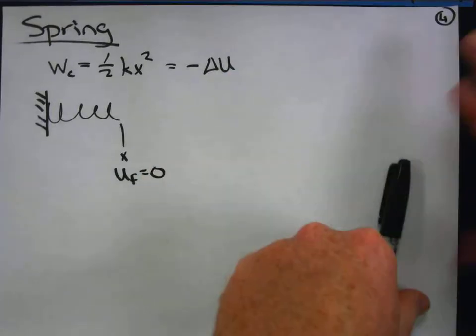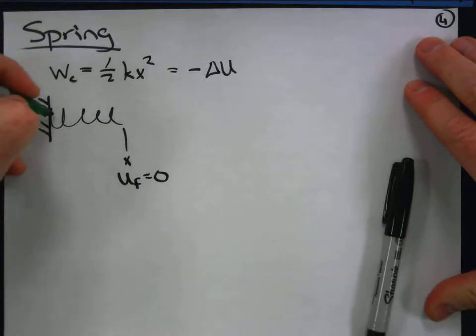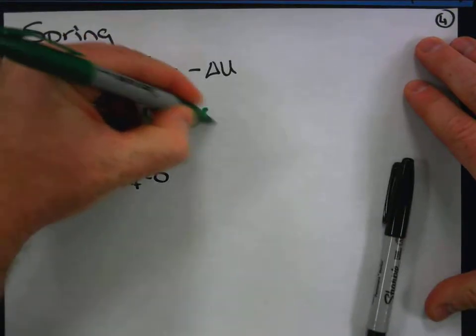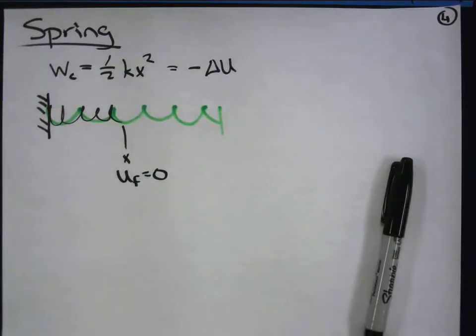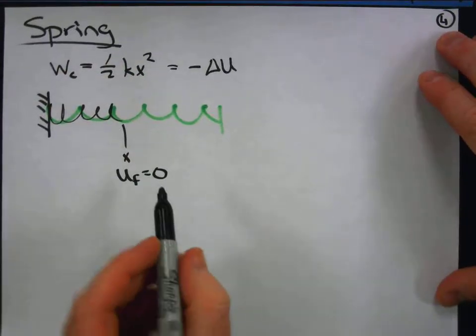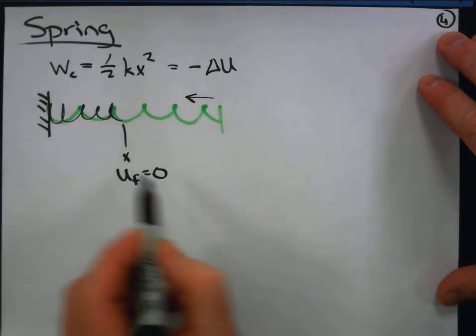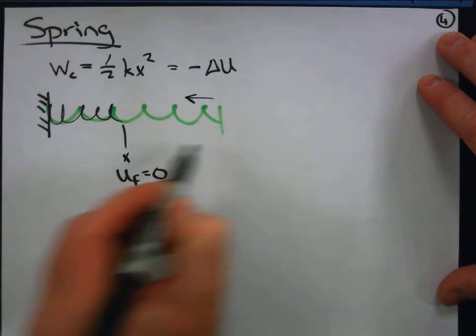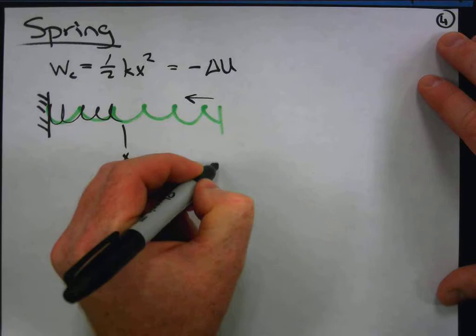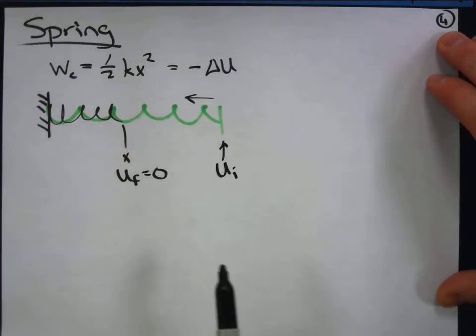If we stretch the spring, if we elongate it, then what we're concerned with is the force that the spring will generate. And the spring is going to want to pull back to this final position, so that this would be our initial position. And there would be some initial amount of stored energy in the spring.